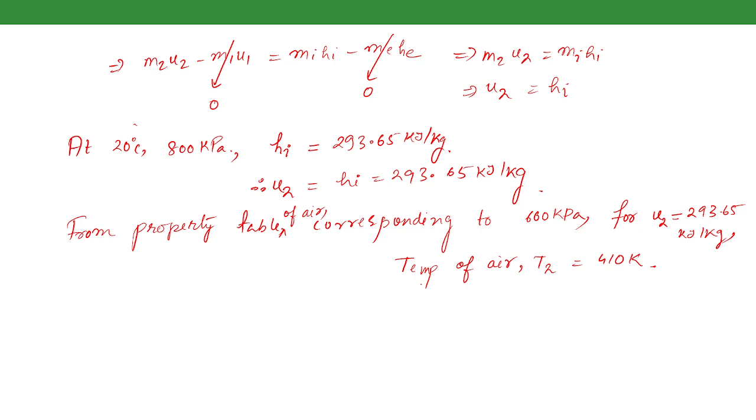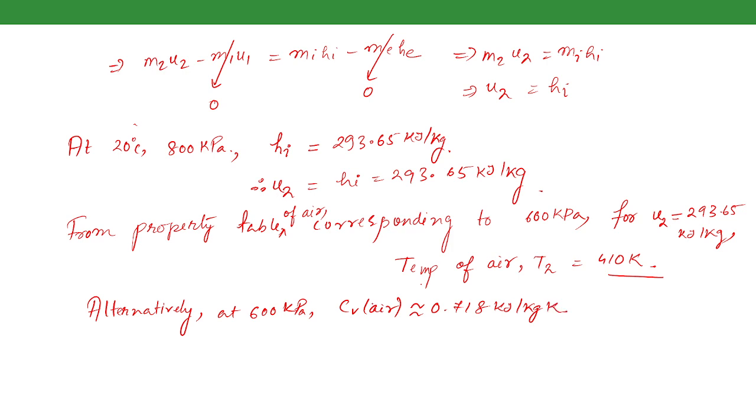Okay, this can be one of the solutions. Otherwise, alternatively we can also do it like this. At 600 kPa, the Cv value for air is nearly equal to 0.718 kilojoule per kg Kelvin.